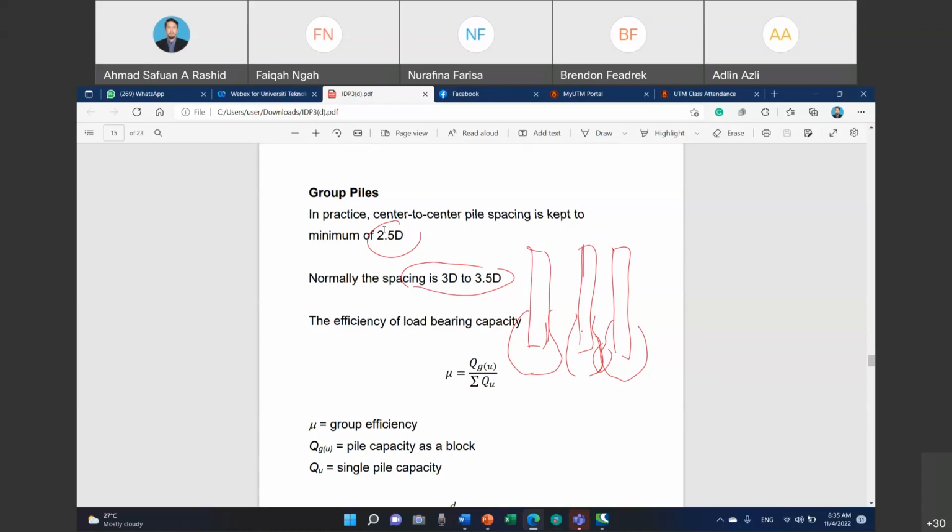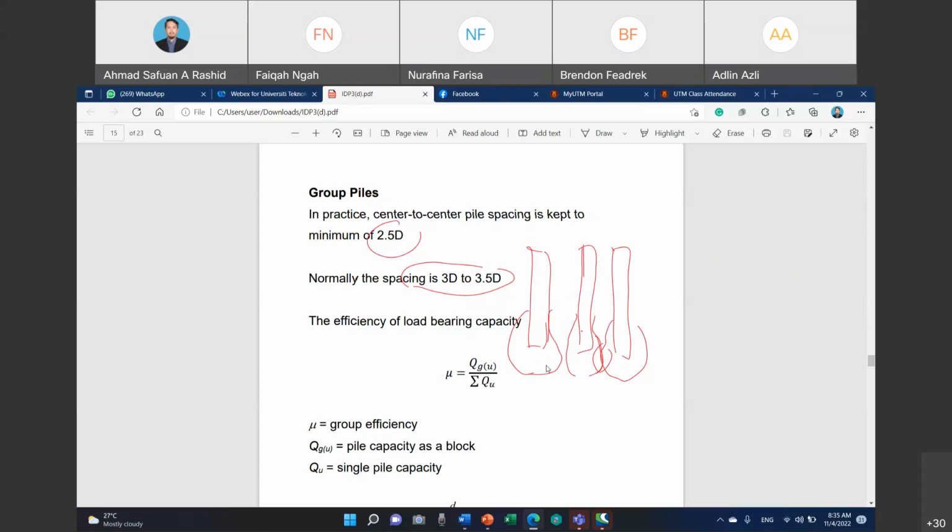Okay. So in practice, center to center pile spacing is kept to a minimum of 2.5. Sebab apa? Dia ada istilah of efficiency lah. Maknanya dia efficient, dia bertindak untuk menghasilkan this pressure bulb. So jika dia terlampau dekat, dia akan overlap.